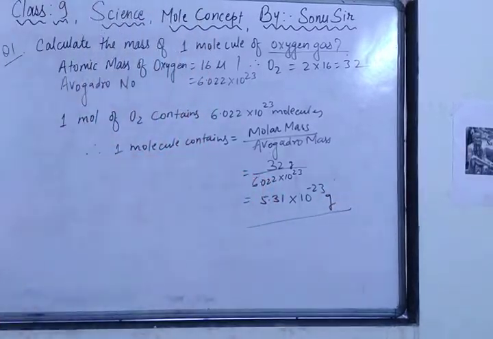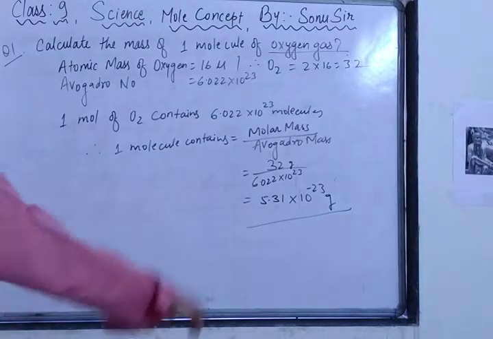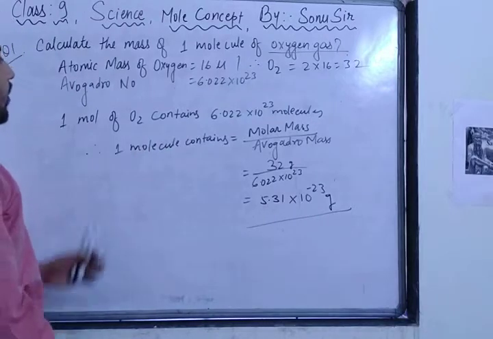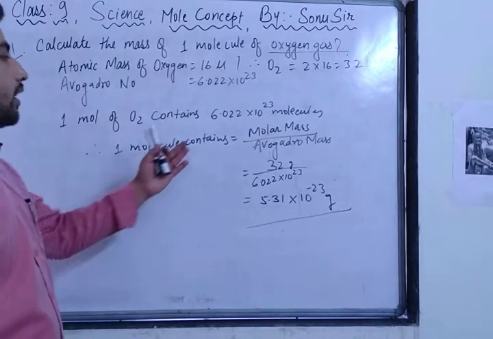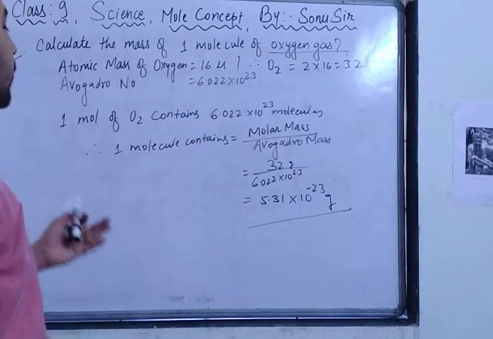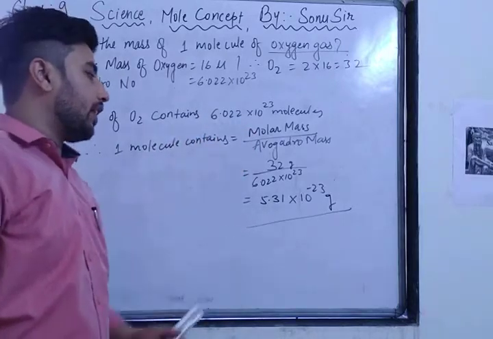Calculate the mass of one molecule of oxygen gas. So you can write here atomic mass of oxygen equals 16 unit. Therefore O2 is equal to 2 into 16, 32. Avogadro number 6.022 into 10 to the power 23. 1 mole of oxygen contains this many molecules. Therefore 1 molecule contains molar mass by Avogadro number.